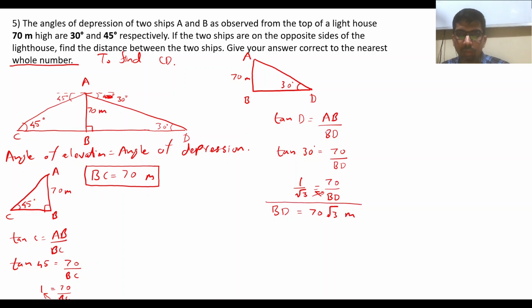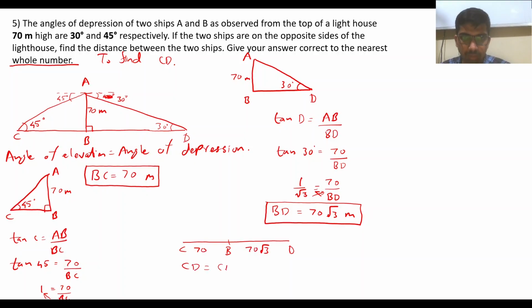Now I have to find the distance between them. Distance between the ships is how much? C and D. How is CD made? CB plus BD. So I'll draw over here. This is C, this is B, this is D. This is 70 meters. This is 70 root 3. So CD is made by CB plus BD.